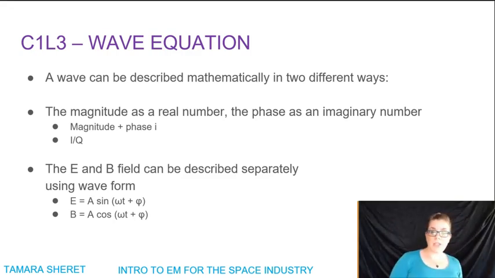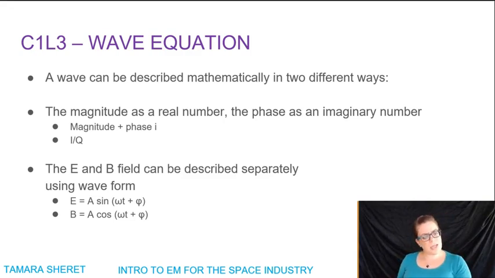I'm an antenna engineer. I like magnitude plus the phase i. That's kind of my thing. So I have a real number, which is the magnitude, plus an imaginary number, which tells me the phase. I can combine these two into a Cartesian representation of amplitude and phase, and then I just have one number to work with. I like that.